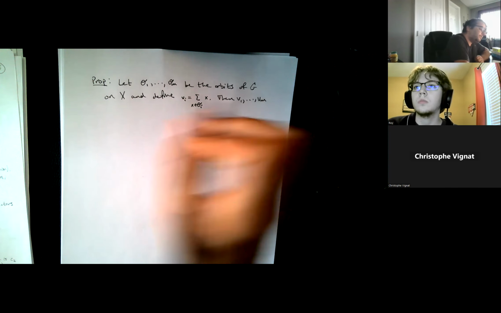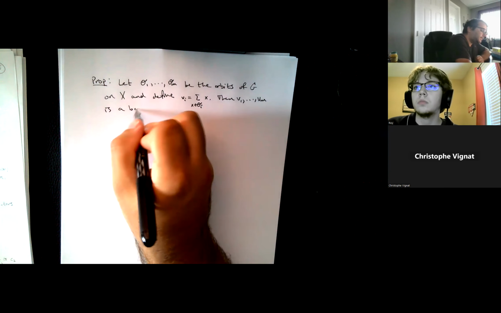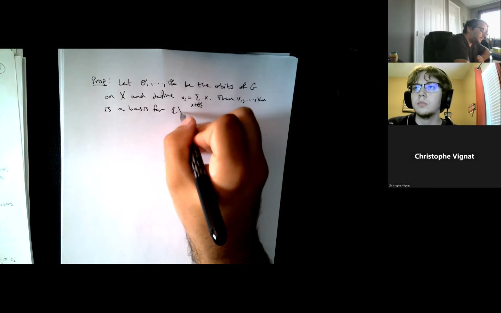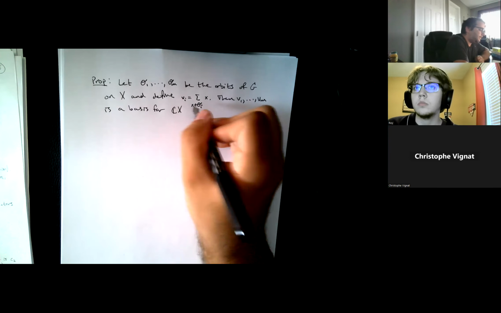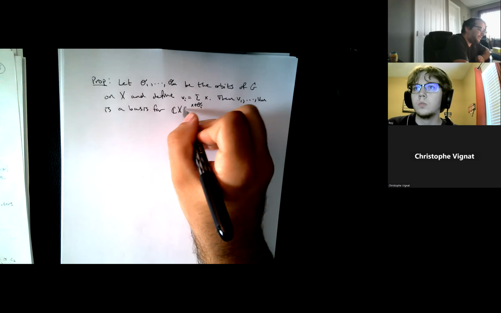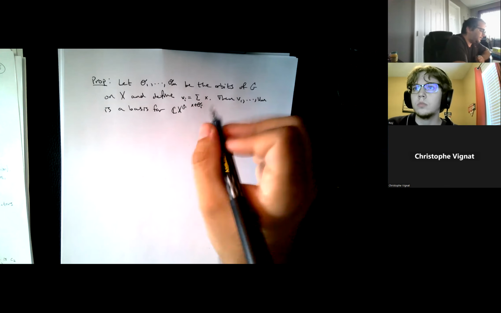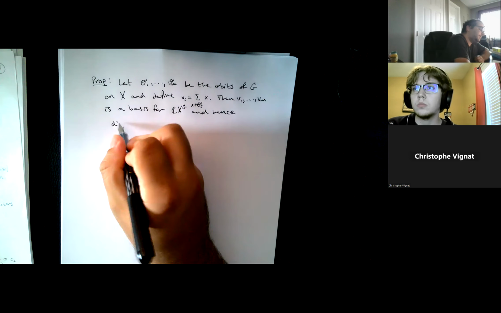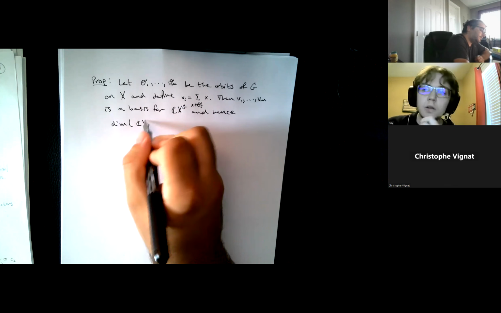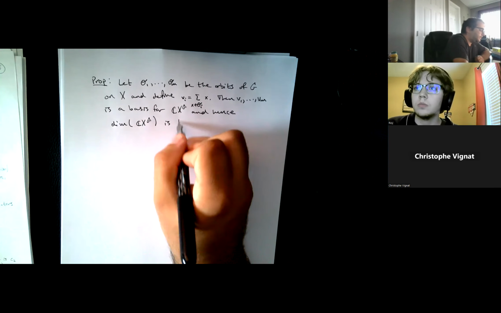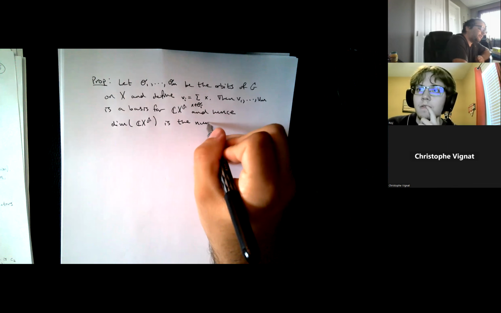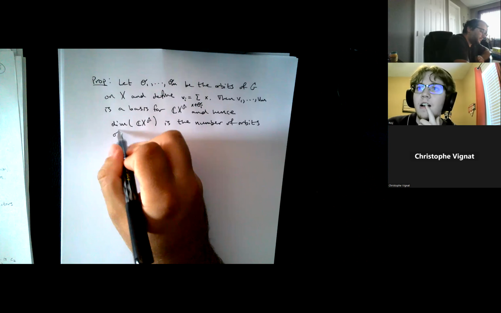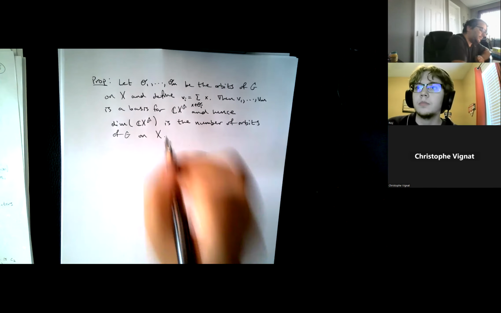Then V1 through VM is a basis for the fixed subspace of the span of X, and hence the dimension of that space is the number of orbits of G on X.